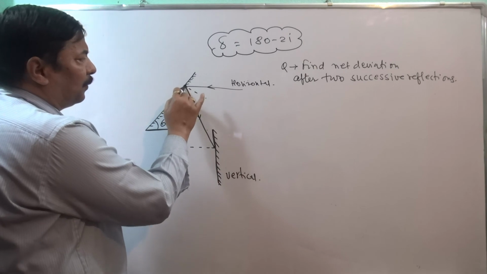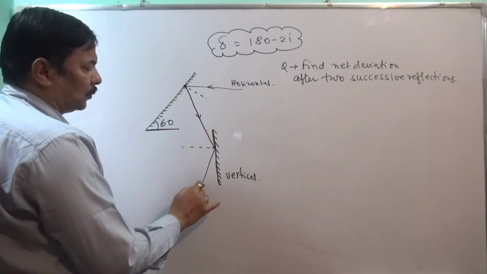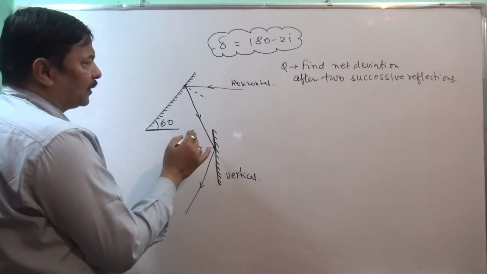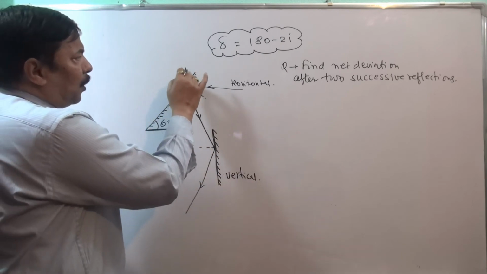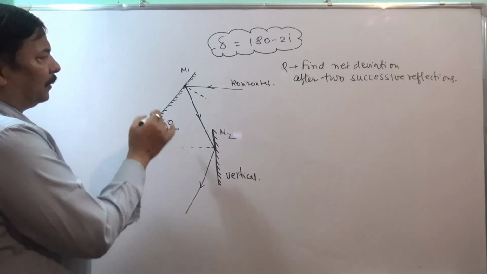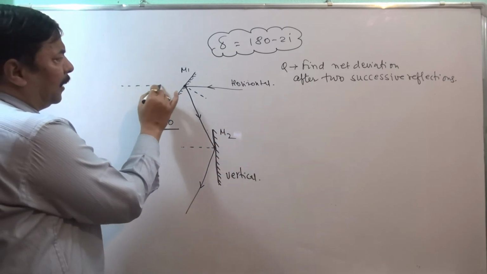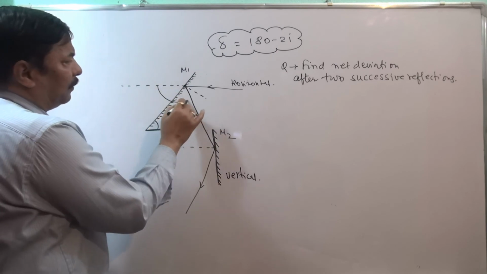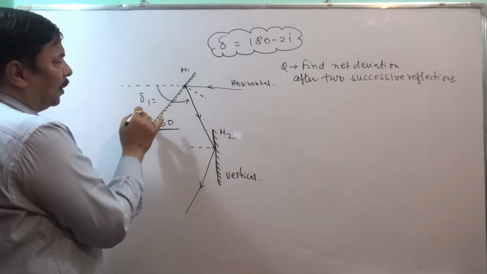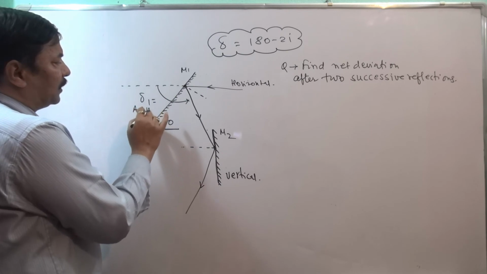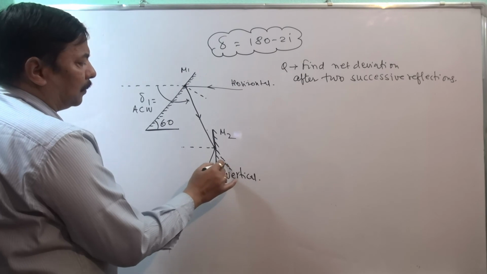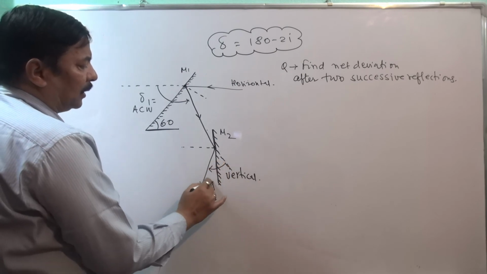Here it is first reflection. This is the reflected ray. Here it is the second reflection. This is mirror M1. This is mirror M2. Now here you see the deviation delta 1, anti-clockwise, and here you see the deviation delta 2.